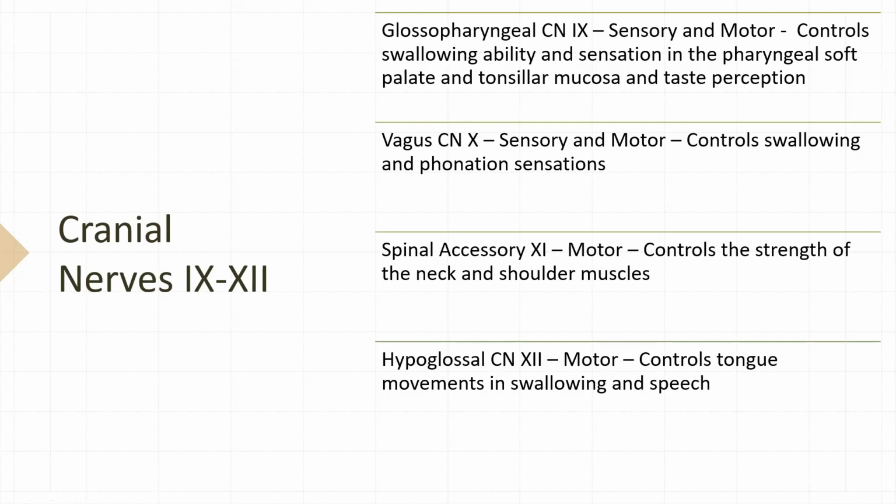Now, moving on to cranial nerve 11, the spinal accessory nerve, it controls neck and motor muscle strength. So what we would do is palpate the sternocleidomastoid and trapezius muscles.